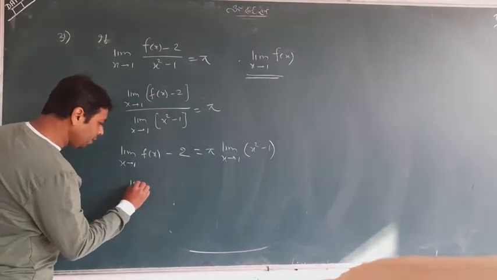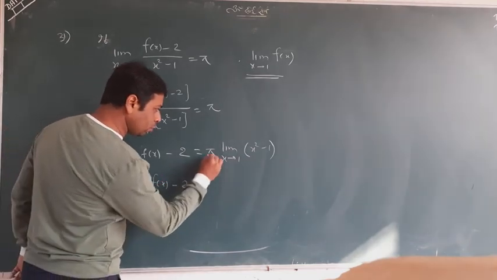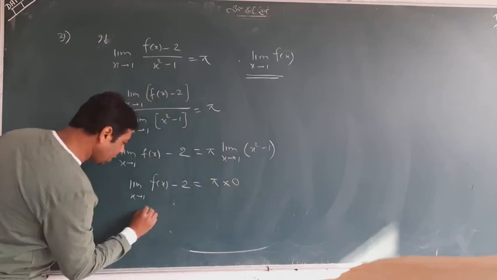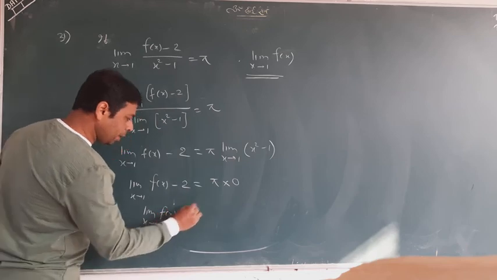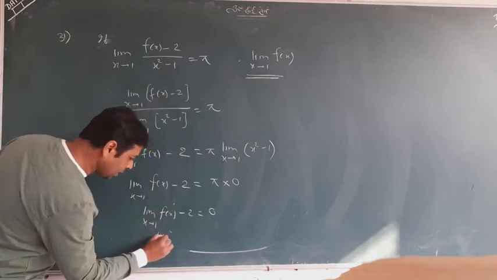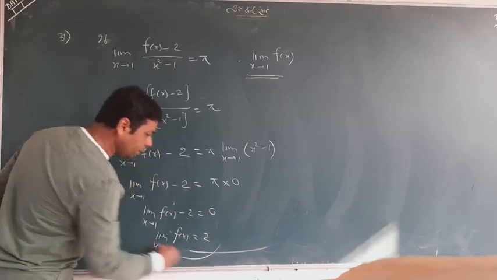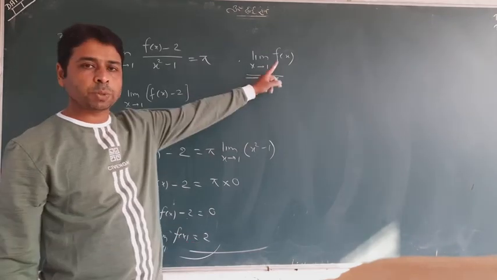What I'll have here is limit x tends to 1 of f of x minus 2 is equal to pi into limit x tends to 1 of x square minus 1, which is 0. So definitely limit of f of x minus 2 will be 0, and transferring the 2 to that side, you get limit x tends to 1 of f of x equal to 2, which was asked here.